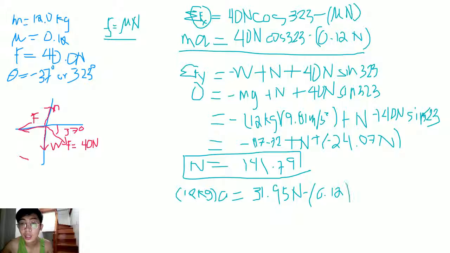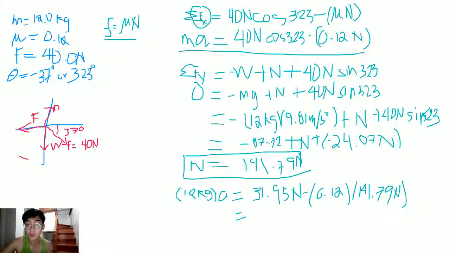times ang ating n would be, na-compute natin, 141.79 N. So, I forgot the unit dito, so don't forget newtons. So, this will be equal to 31.95 minus 0.12 times 141.79.